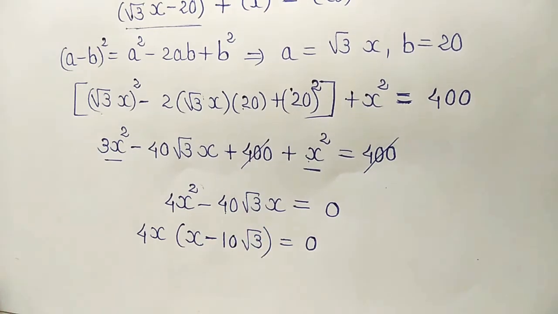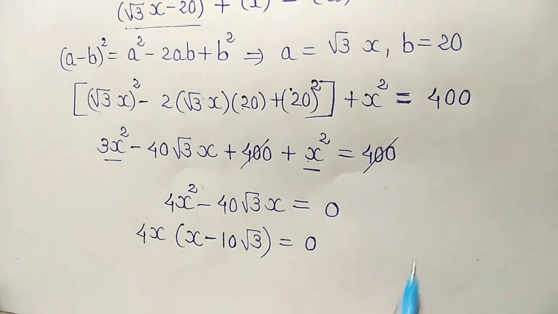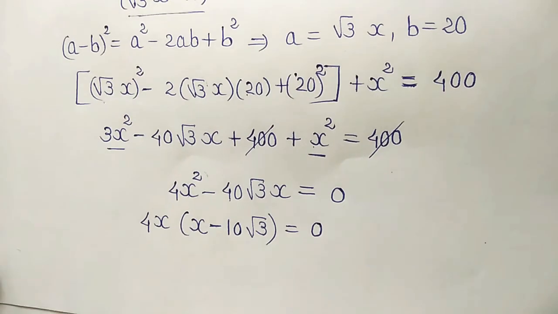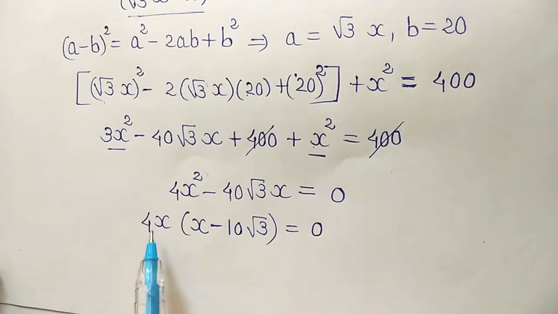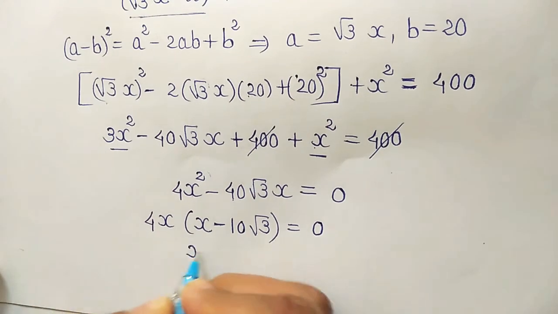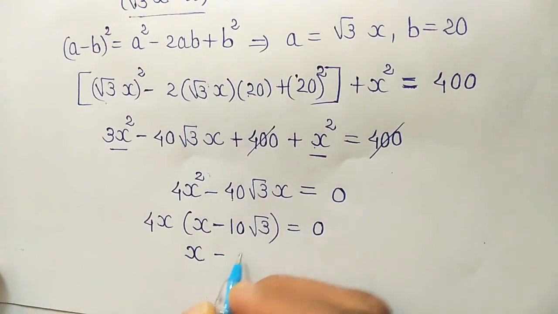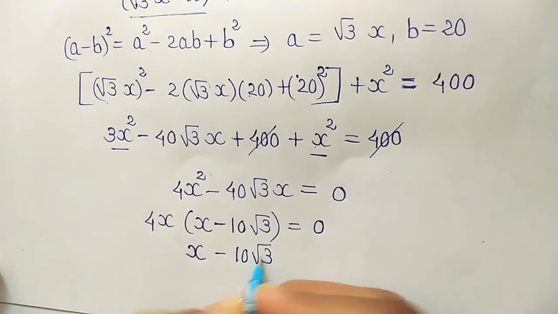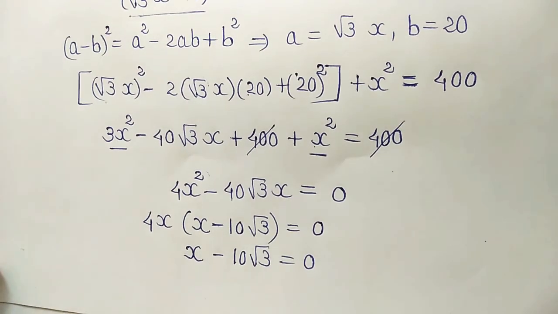So 4x in bracket x minus 10 root 3 is equal to 0. What does this mean? If we remove 4x from here, it will go in denominator, so it will become 0. So x minus 10 root 3 is equal to 0.